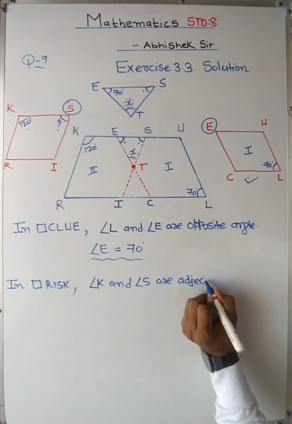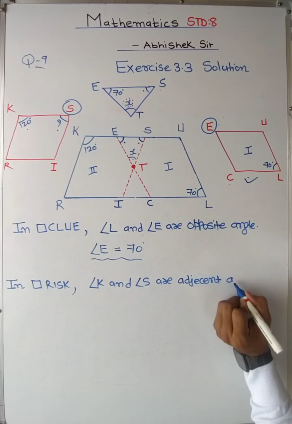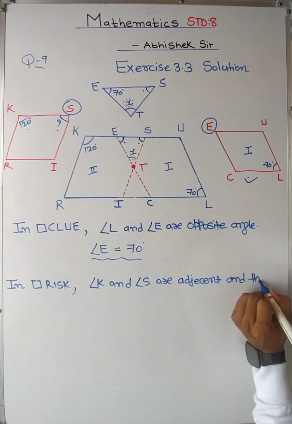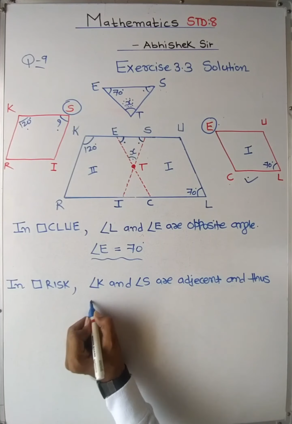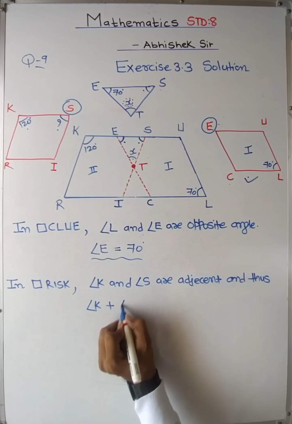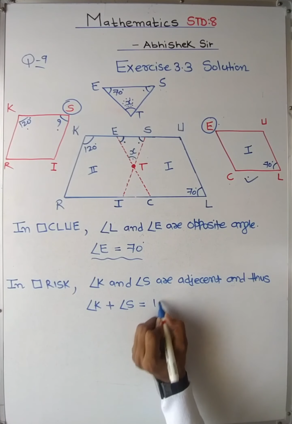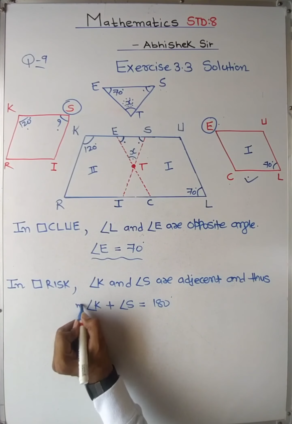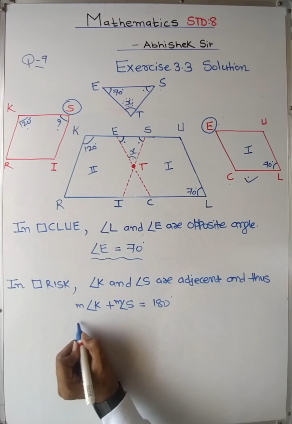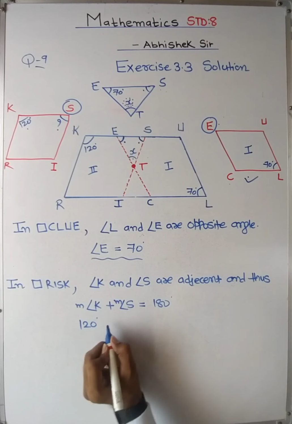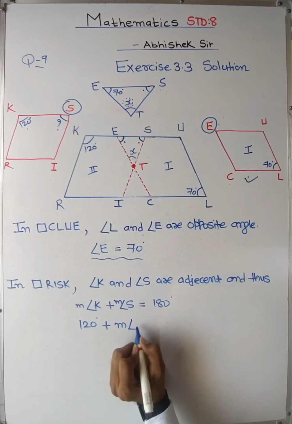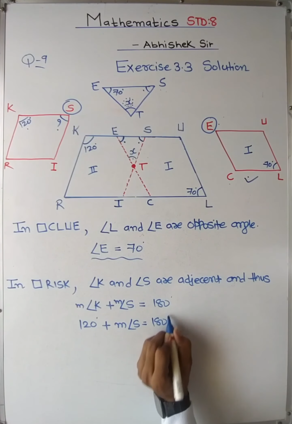Angle K and angle S are adjacent and thus angle K plus angle S equals 180 degree. Let me write measure angle. So measure angle K is 120 plus measure angle S equals 180.